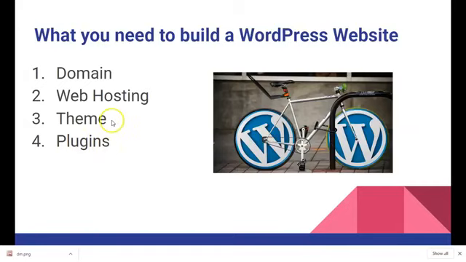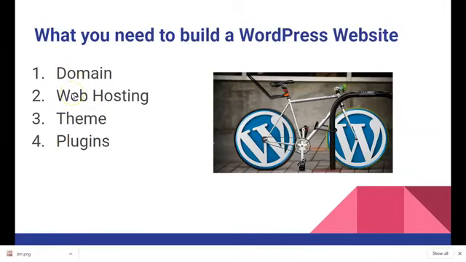The good thing is most of these themes and plugins are available for free in the WordPress repository. So when you feel the need to add advanced functionalities to your website, you can go for the premium ones. But for now, we are going to be going with the free themes and the free plugins if you're just getting started. So these are basically the four things we need to build a professional WordPress website.